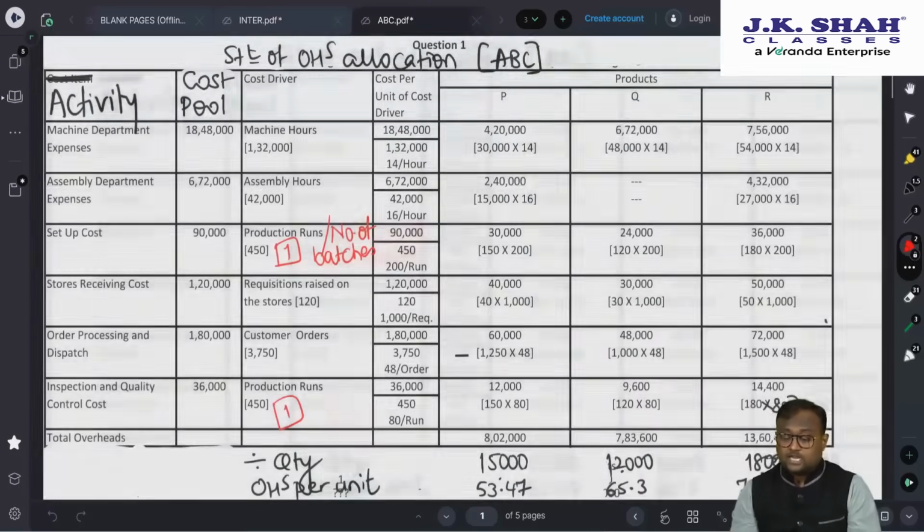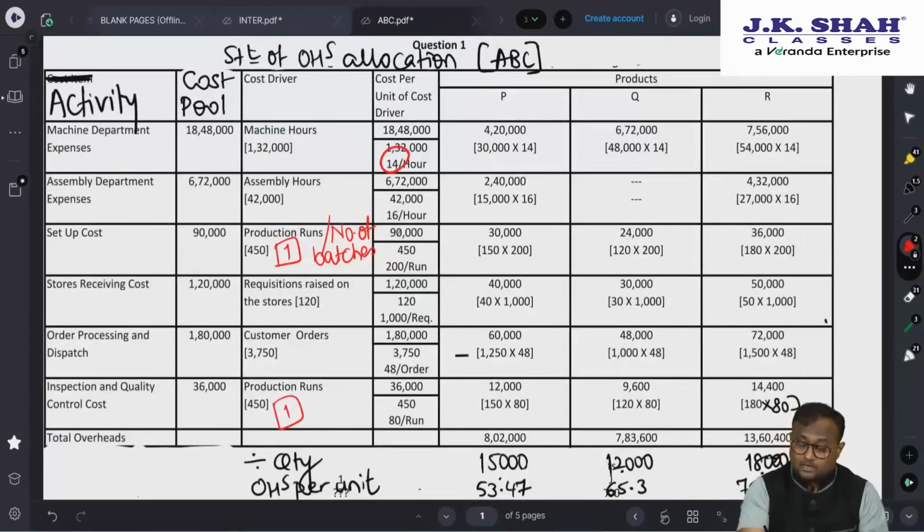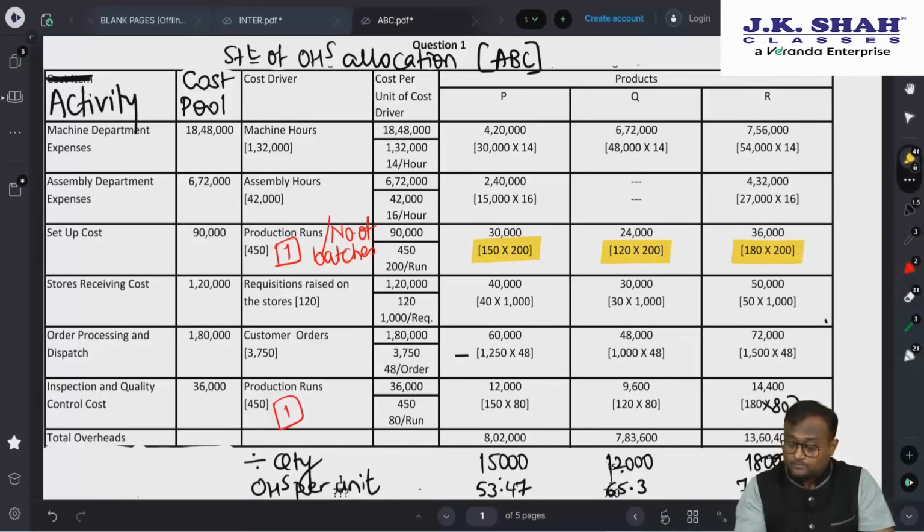Finally, your statement will look like this. Here are the rates calculated as discussed, and those rates are applied on the respective bases. Look at this. The rate is applied on batches, then on number of orders, and on customer processing and dispatch.